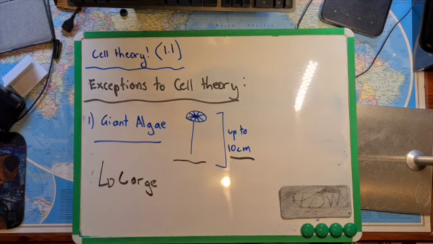Typically, cells are on the microscopic level and they're not something that we can see with our human eyes. However, giant algae is a notable exception, being much larger in size than your typical unicellular organism or cells in general that are a part of an organism.